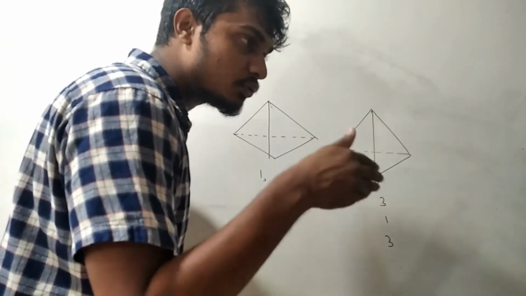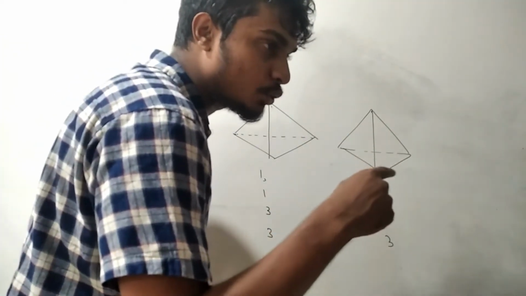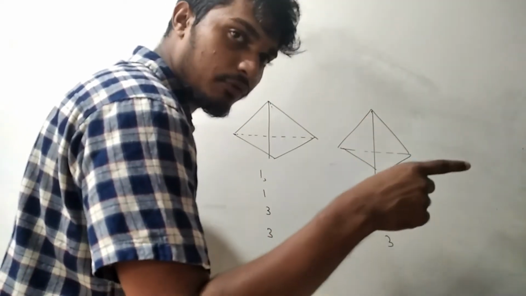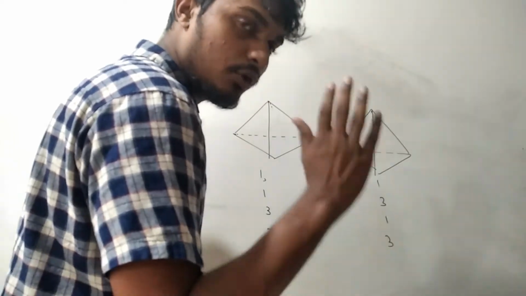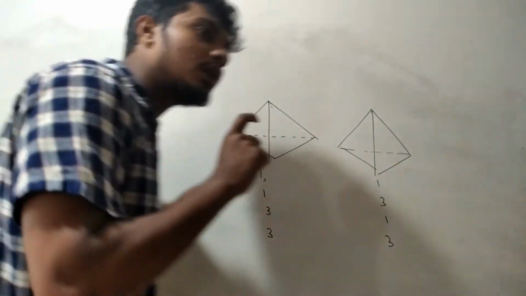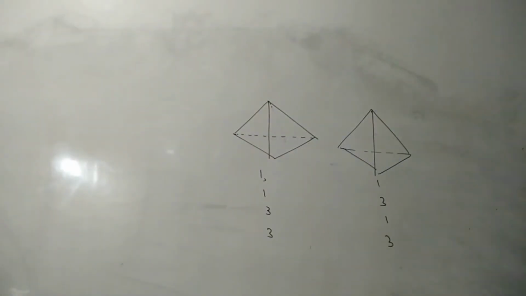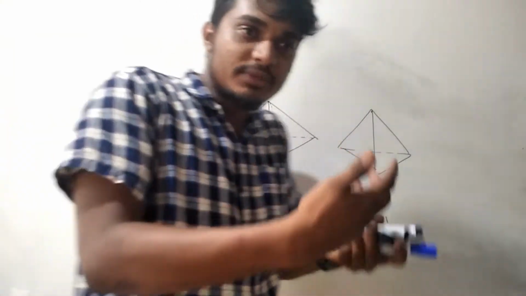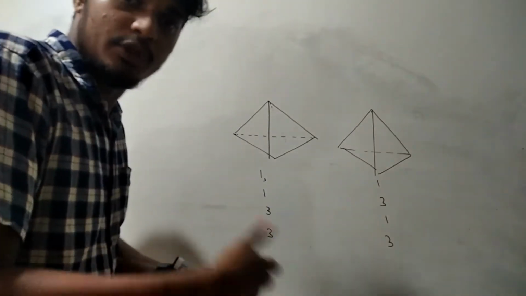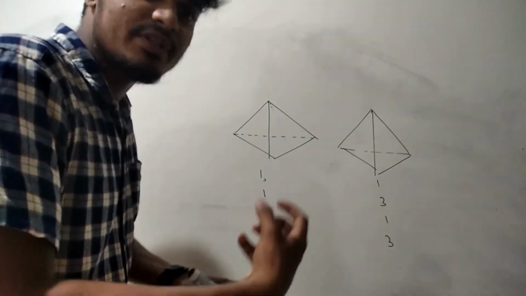And then 4,1, 4,2, 4,3 and 4,4. These are the total possible outcomes, so the total possible outcomes are going to be 16.